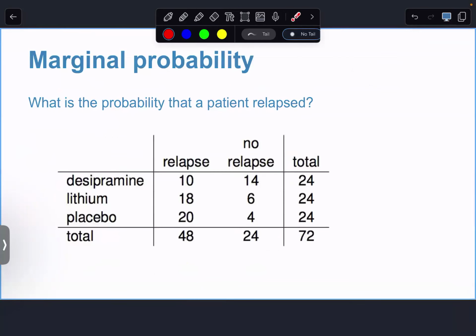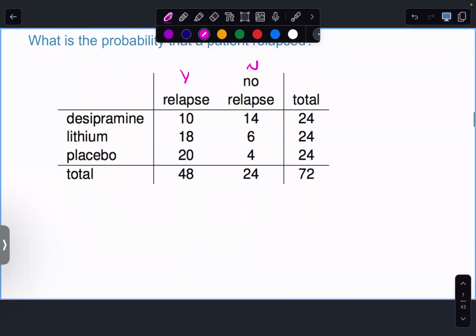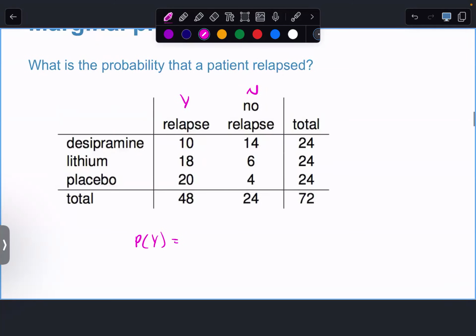What's the probability that a patient relapsed? So again, for simplicity, I'm gonna just call these yes and no, right? And so the probability of yes is 48 over 72.